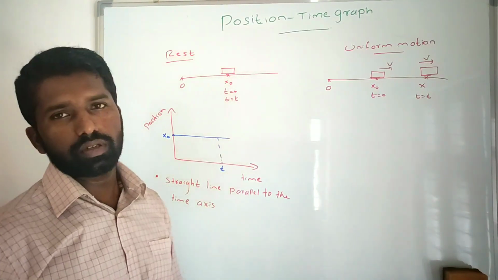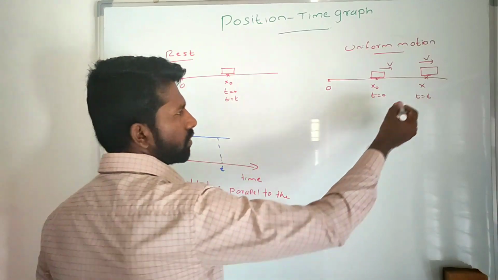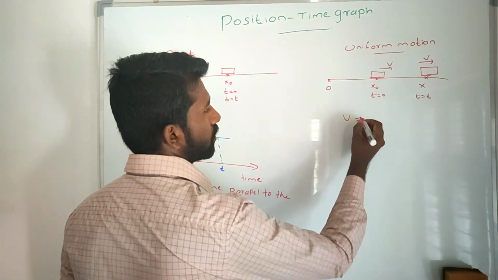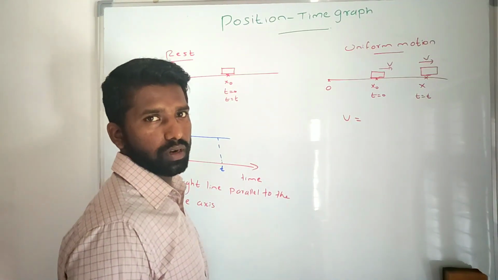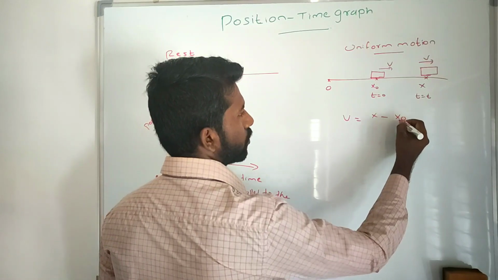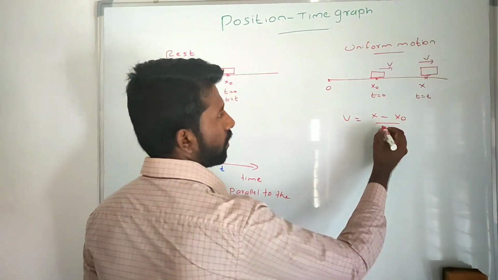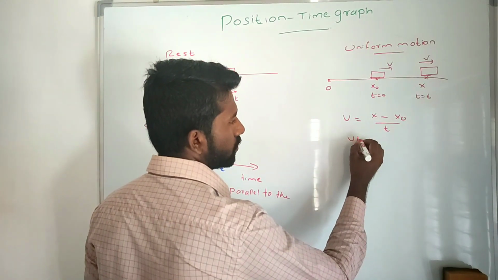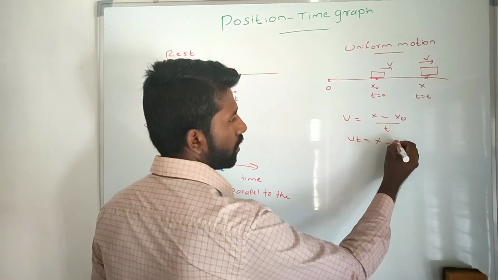How can we represent this? In this motion, how can I find the velocity? Velocity is equal to displacement divided by time. What is displacement? Final position minus initial position, divided by time. So from this, vt is equal to x minus x0.